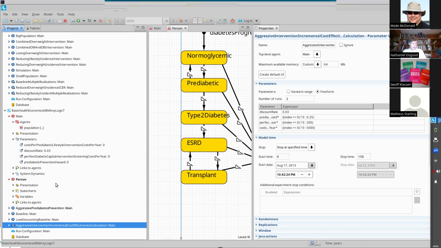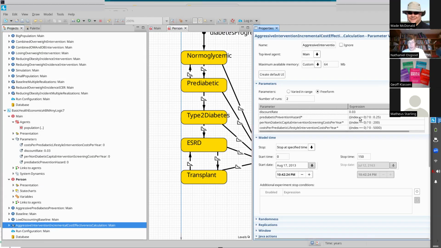Here, in this same model, basic health economics, the job in life of this scenario is to run the model twice. Once for the baseline and once for an intervention.